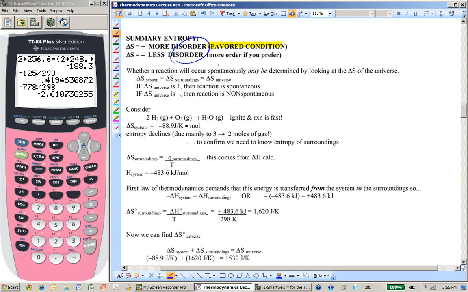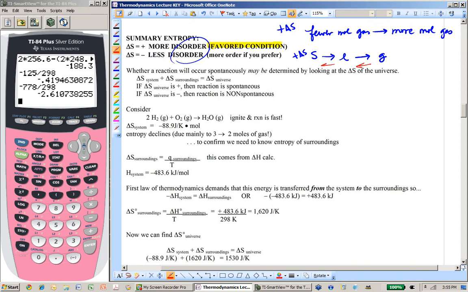So what we're really saying is, the things that we're looking for, and what I'm about to show you right now, is going to translate into a whole bunch of multiple choice points. Fewer moles of gas going to more moles of gas, positive delta S. Solid going to liquid going to gas, positive delta S. And you can reverse that.